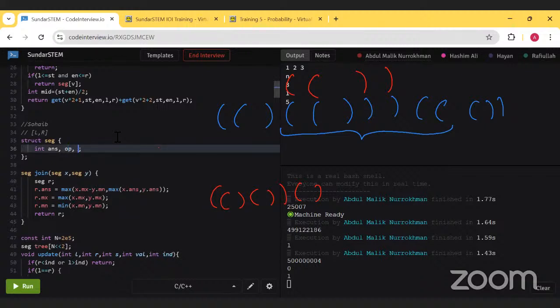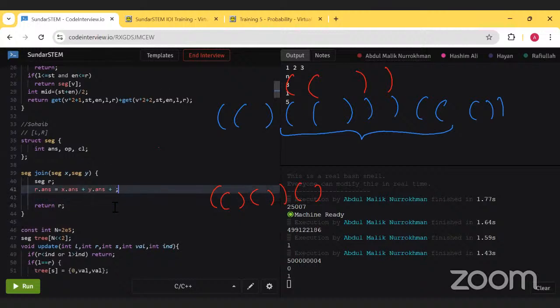Or let's say this open and close. The answer will be x dot ans and y dot ans plus, okay, then you have to find the formula to, sorry, not multiply because we don't want to find the number of pairs of correct brackets, but the longest.